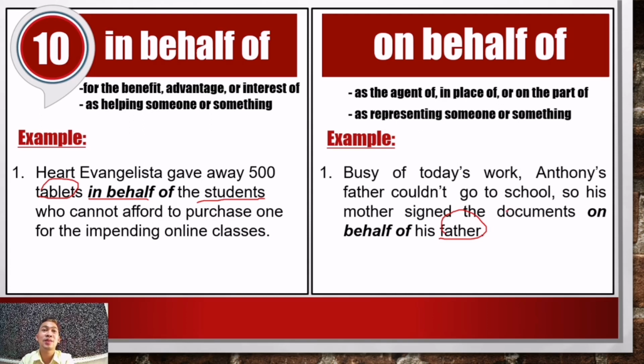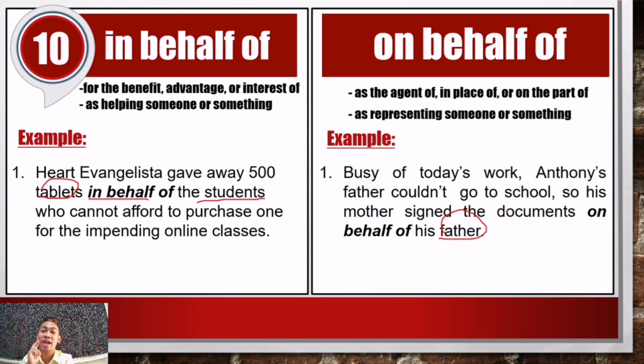Now, it's also the same once a president cannot make it to the meeting, so he asks his secretary to speak on behalf of him. So since he's not going to be able to be around, then the secretary will take the opportunity or the responsibility to speak on behalf of the president.